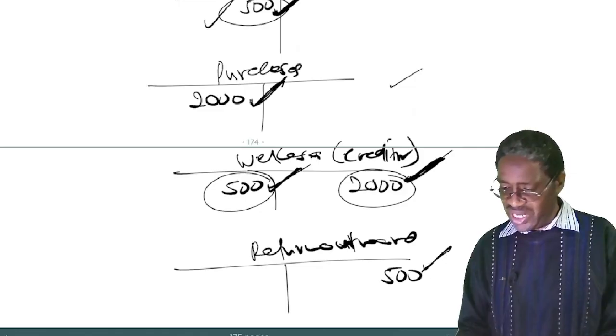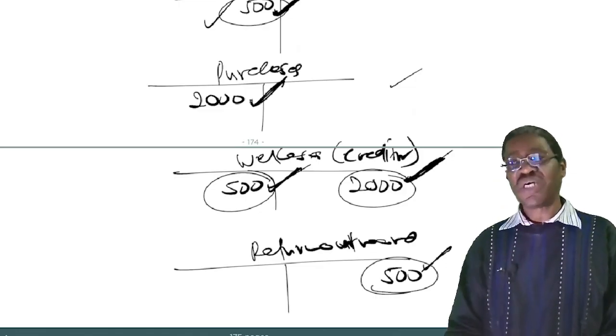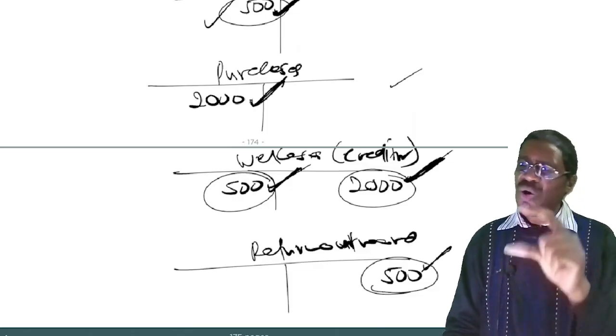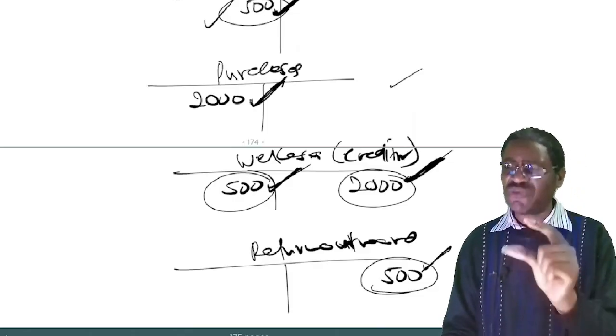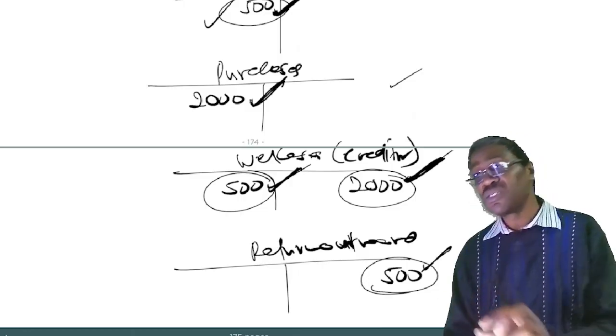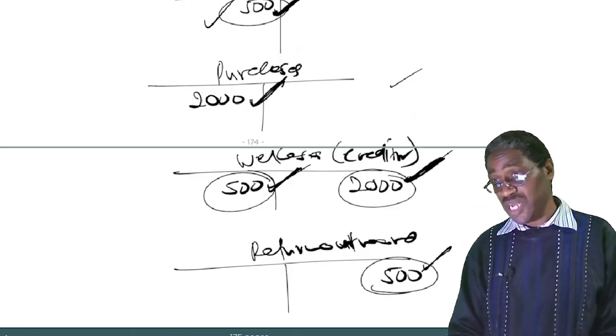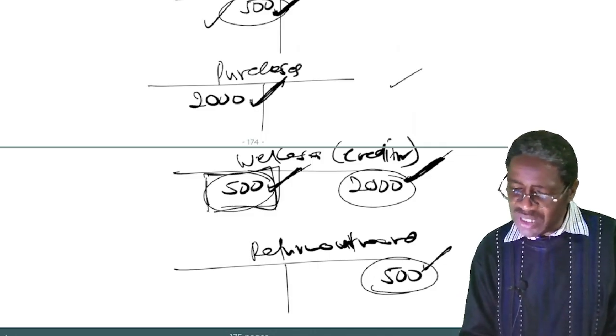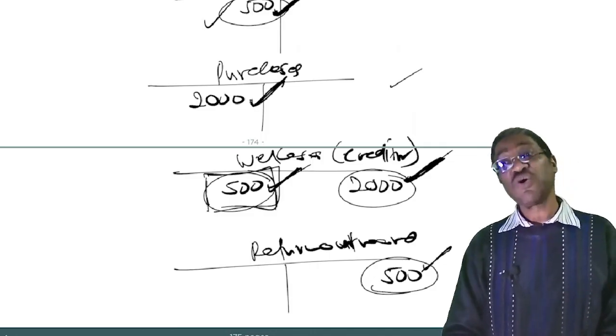And of course, we agreed you credit an account called Return Outwards. But the question is this: where do you get the information from for you to debit Wekesa and to credit Return Outwards? Now listen, here we are debiting the account of Wekesa.